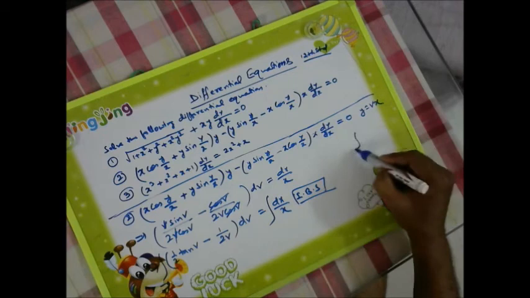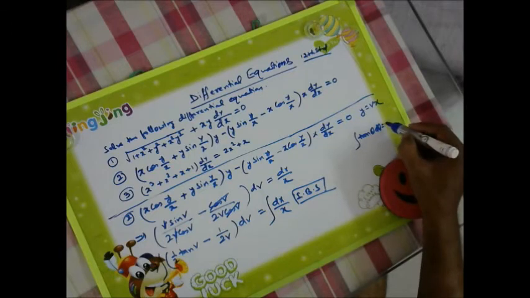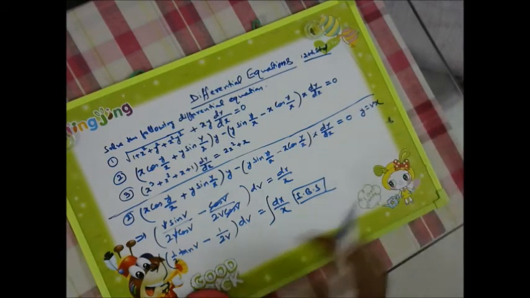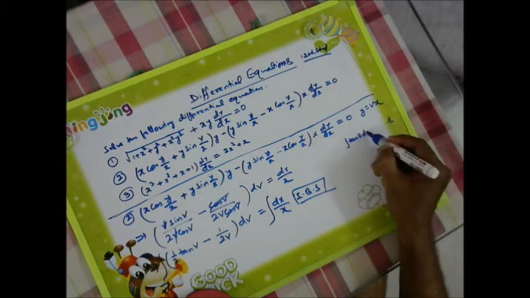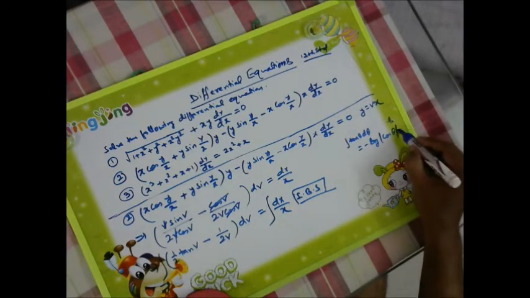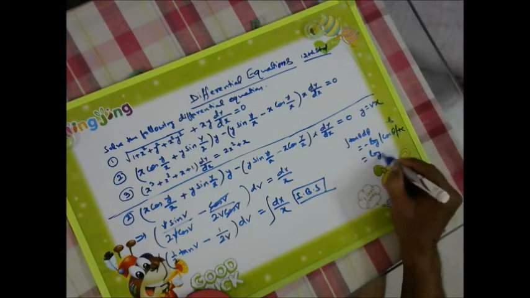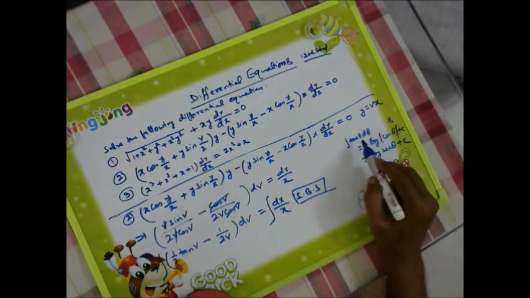So if we are remembering the formula of integral tan theta d theta is equal to minus log cos theta plus c, or it can also be written as log secant theta plus c. So this is the formula for tan theta.